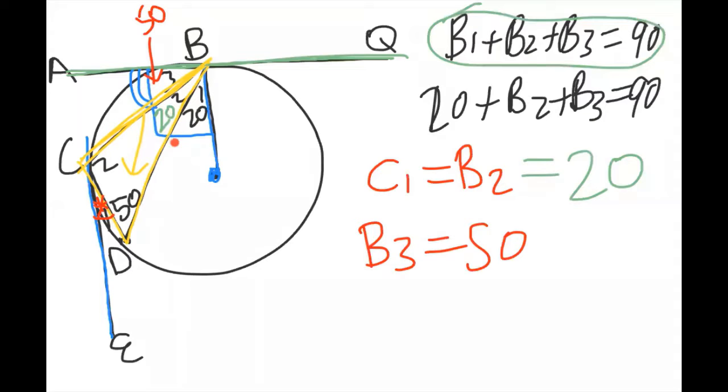Don't forget to show all your workings. This is 90 degrees because the radius is perpendicular to the tangent.